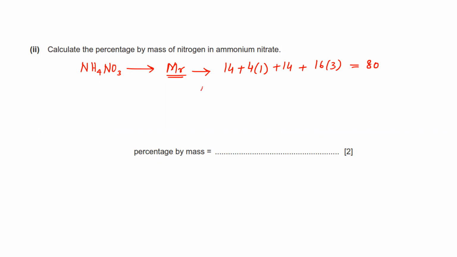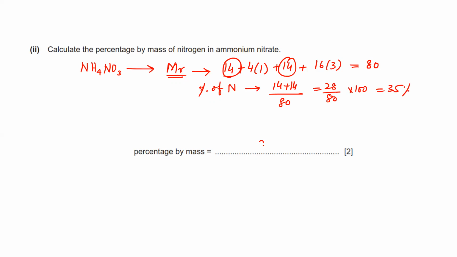For the percentage of nitrogen, this is 14 and this is 14, so 14 plus 14 over 80, so 28 by 80 into 100 comes out to be 35%. So 35% by mass in ammonium nitrate.